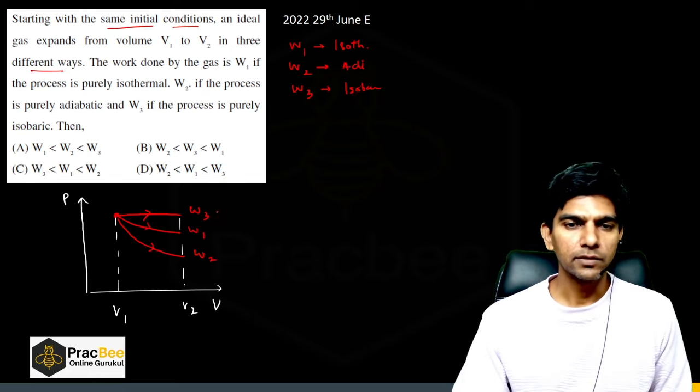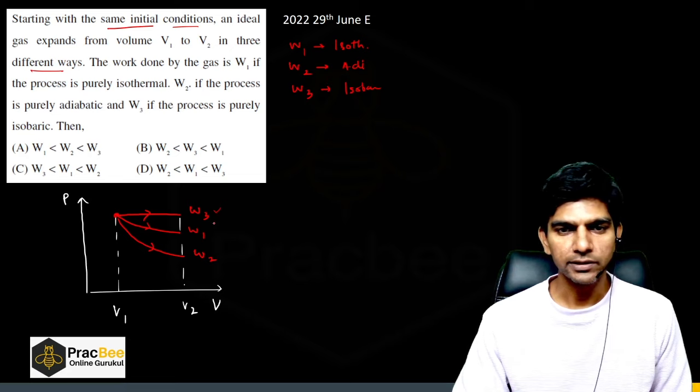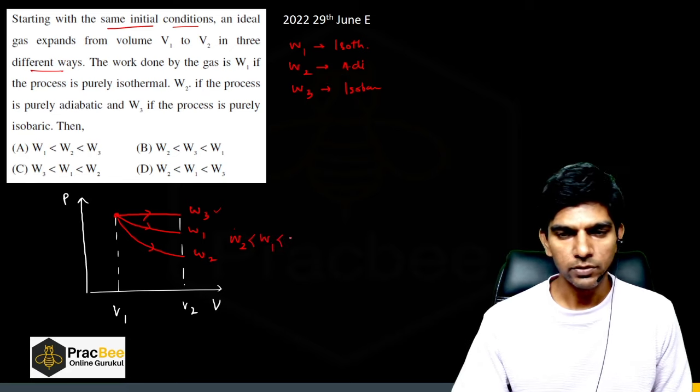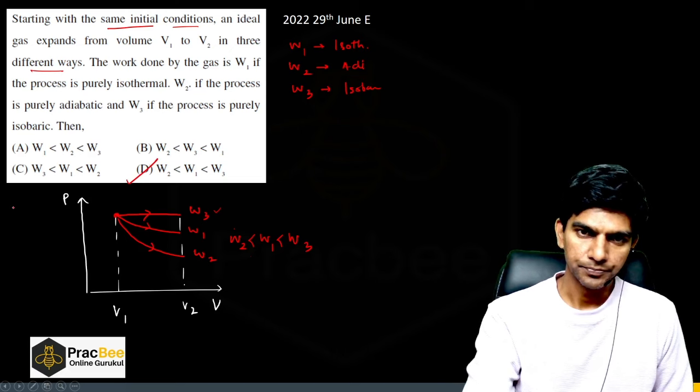So we can clearly see that work done W3 is the greatest because the area under the pressure volume graph is greatest. So in the increasing order, W2 is less than W1 and W1 is less than W3. So 2, 1, 3. So option D is the right answer.